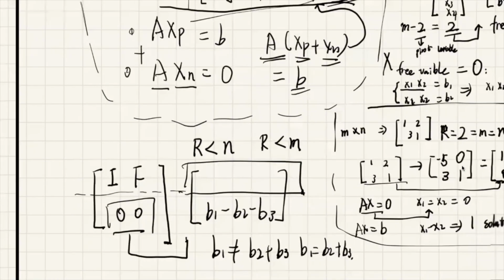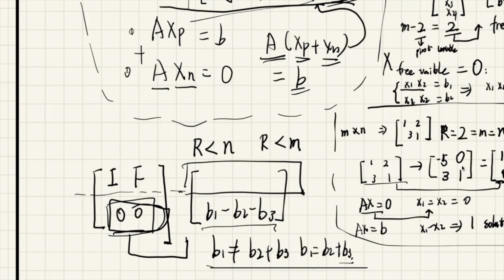So the key here depends on this 0, 1 row. It should satisfy the conditions. If it's satisfied, then we have infinite solutions. If it doesn't satisfy, then we don't have any solutions here.